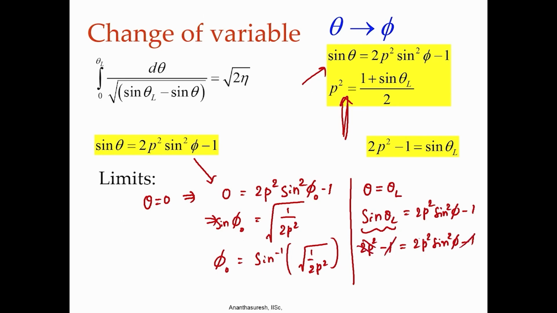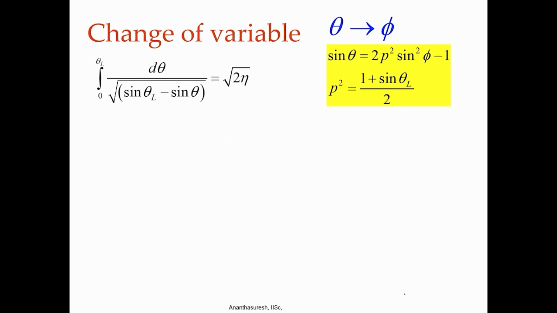So, now minus 1 gets cancelled, 2 p square gets cancelled after that, then we get sin square phi equal to 1 or phi equal to pi by 2. It can be 3 pi by 2 and so forth, but we take the first one, this undulating elastic curve, we take in the first instance of that. So, we have our limits from phi naught to pi by 2, this is our phi L.